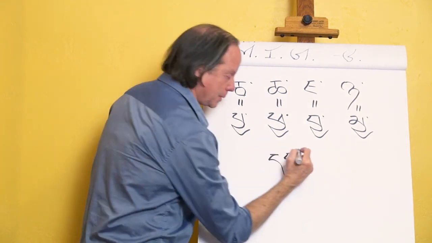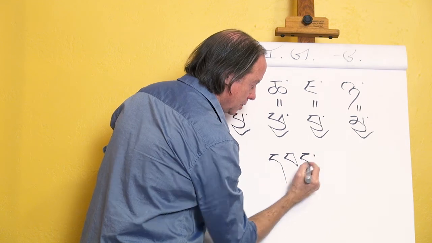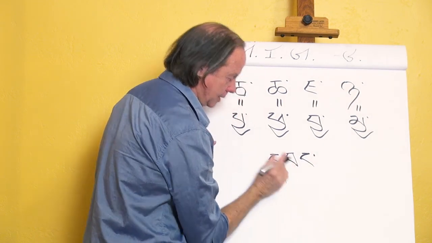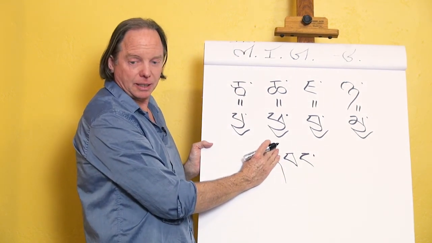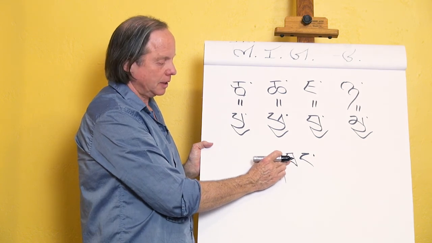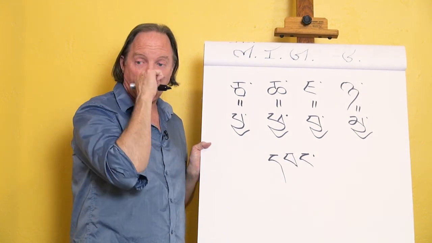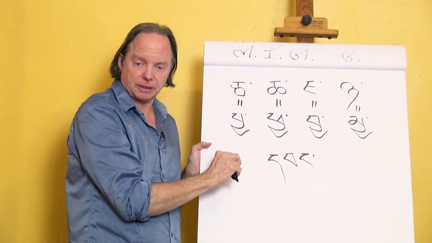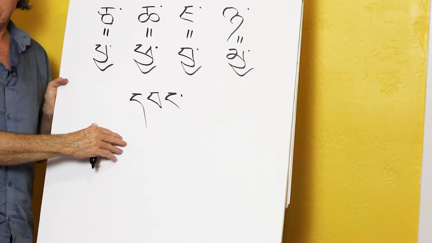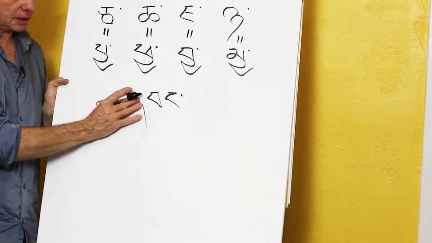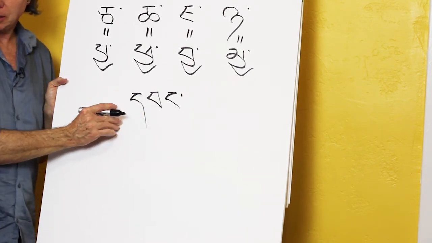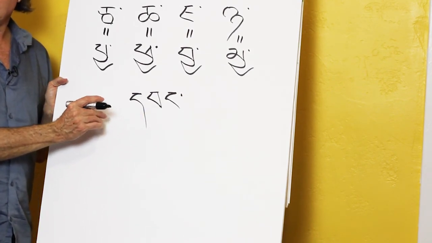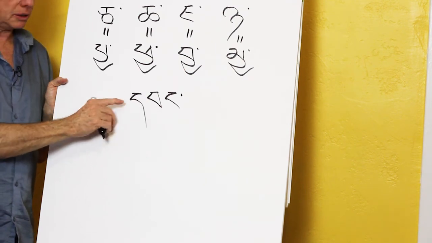For example, this should be pronounced bang, but the B changes to W. After D, the B changes to W. We'll talk about it more later when we get to prefix letters.